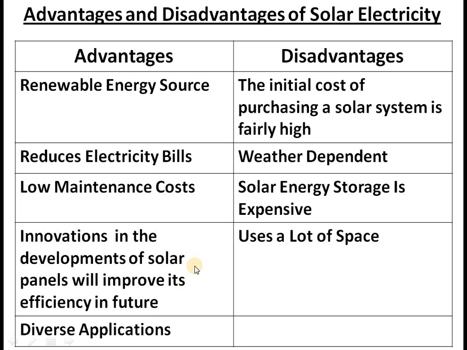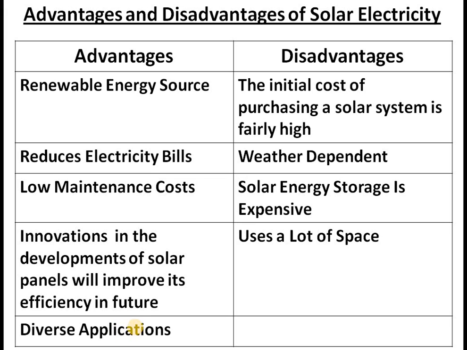Efficiency increases means power production increases, so that will benefit in many ways. And it can be used for diverse applications, even for space applications, even for meteorological weather forecasting, even in remote areas, and from small devices to large devices.